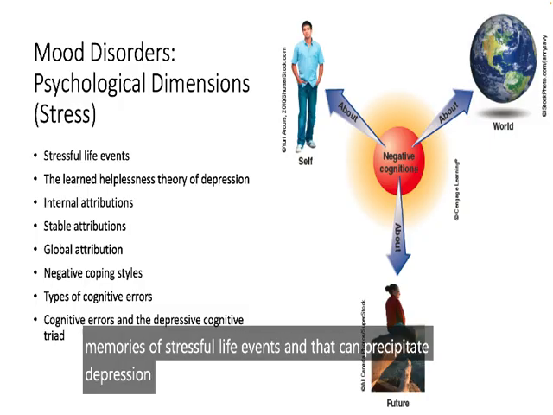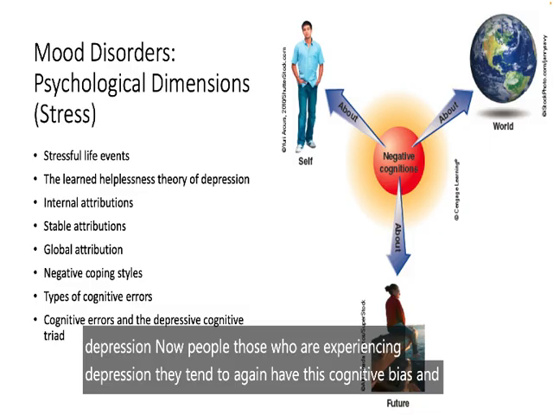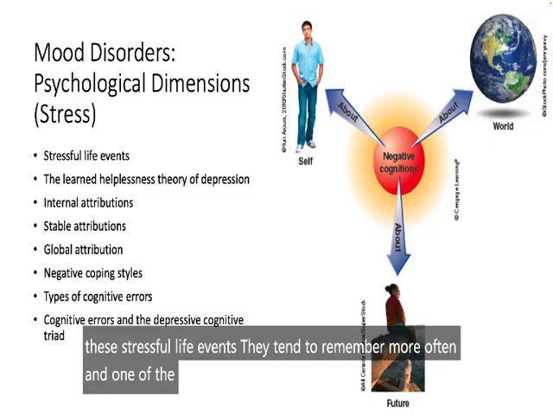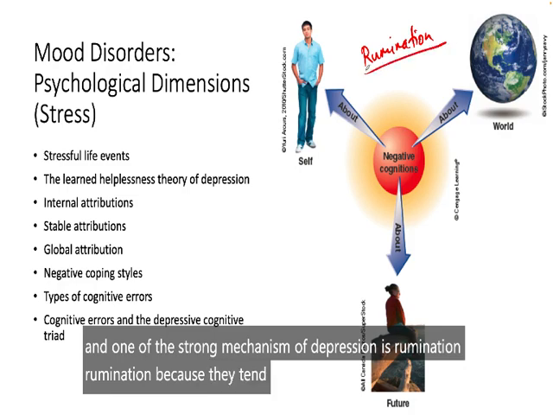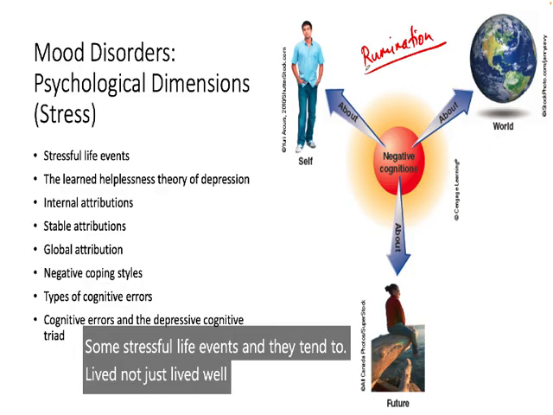Now, people who are experiencing depression tend to, again, have this cognitive bias. These stressful life events, they tend to remember more often. And one of the strong mechanisms of depression is rumination, because they take some stressful life events and dwell, not just live, dwell in those stressful life events.